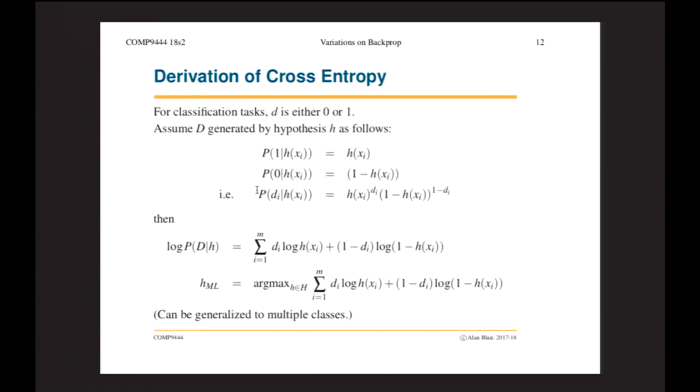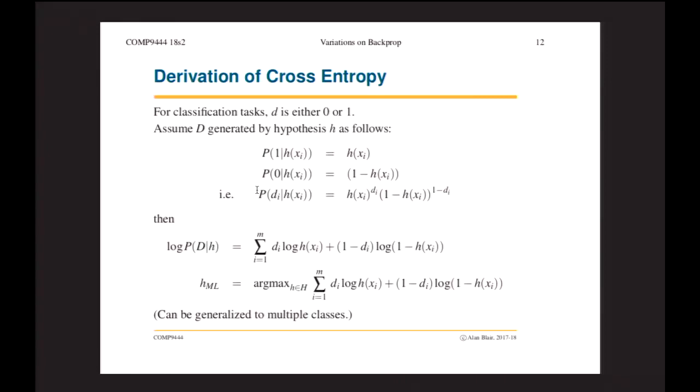Okay, so let's say we have a neural network, and for a certain input xi, it's producing a number between 0 and 1, which is H of xi. How do we interpret this as a probability? Well, let's think about this. If H of xi is 1, then we would interpret that as saying that the probability of it being 1 is 100%, right?